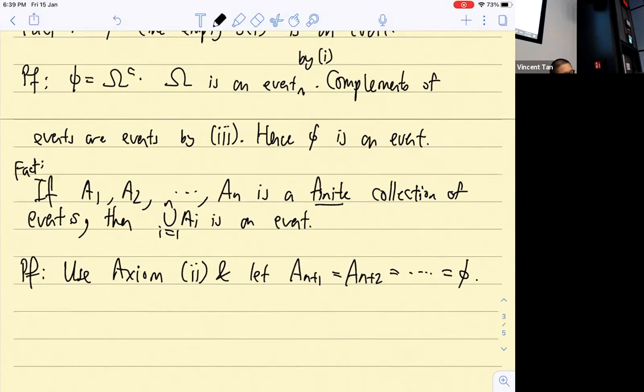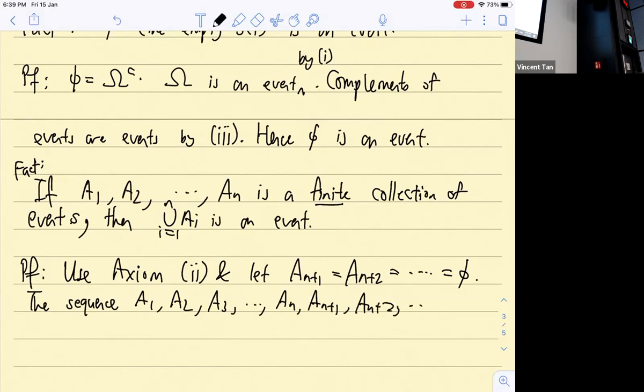Because in the previous fact, we already proved that phi, the empty set, is an event. So this sequence A1, A2, A3, all the way up to A(n+1), A(n+2), is a sequence of legitimate events.